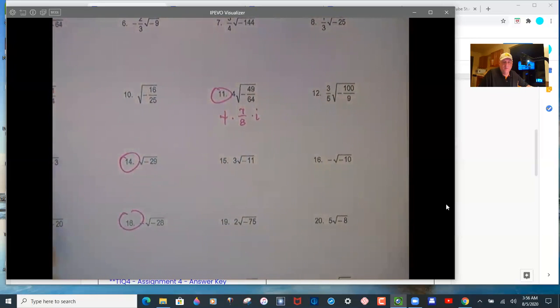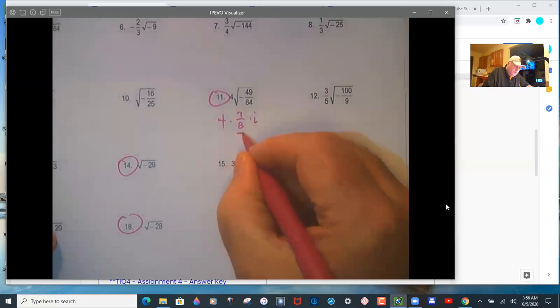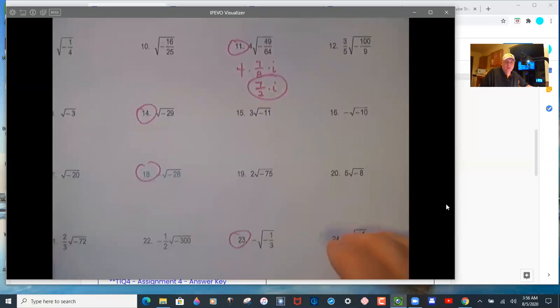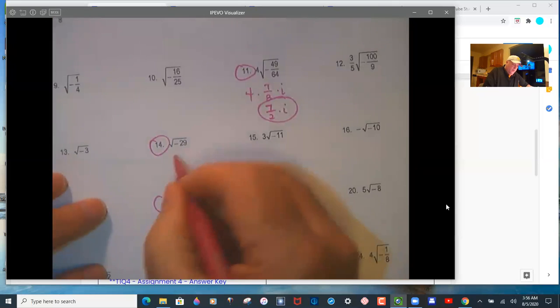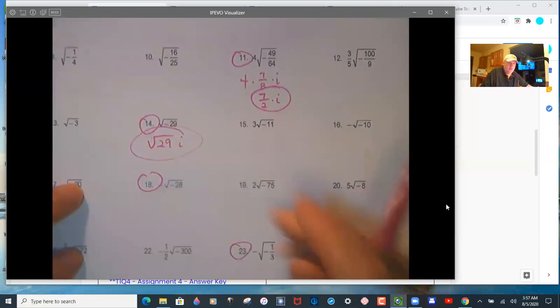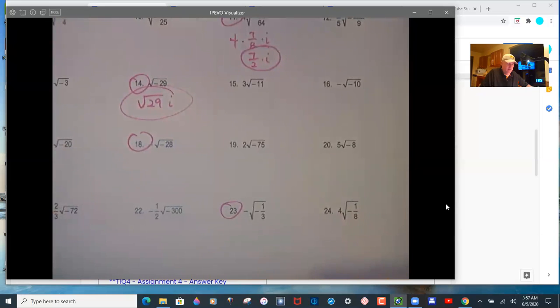The square roots of 49 and 64 work perfectly, and then you reduce that to 7/2 times i. Square root of -29: you cannot reduce it, so you don't, and you just tack an i on the end.